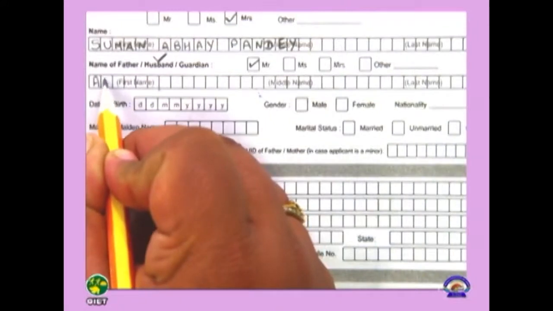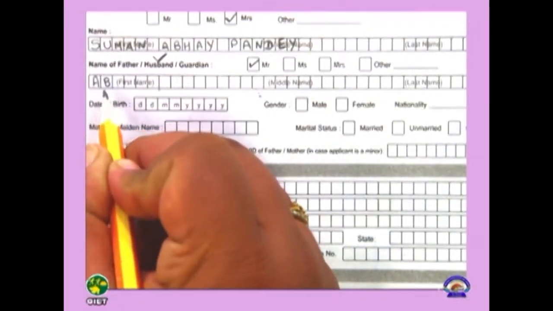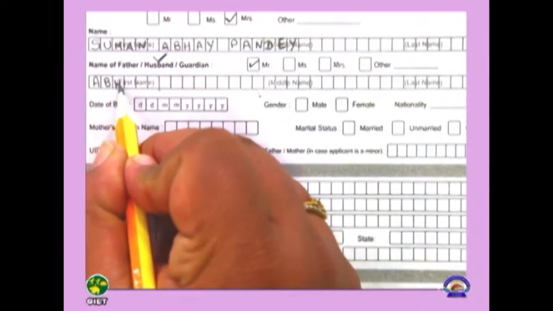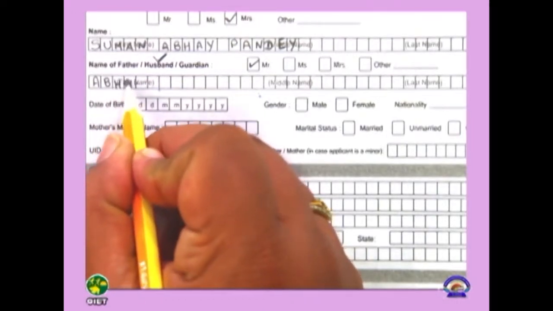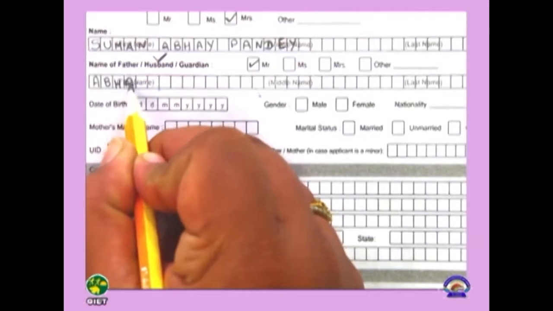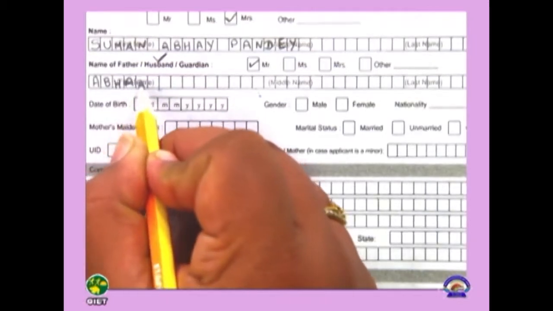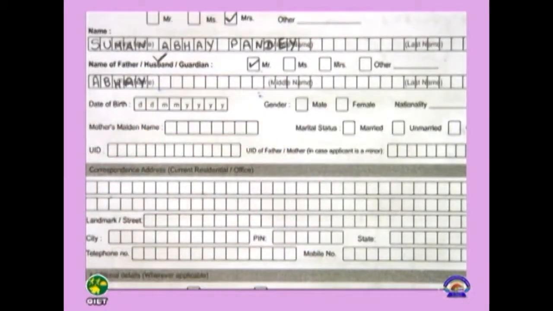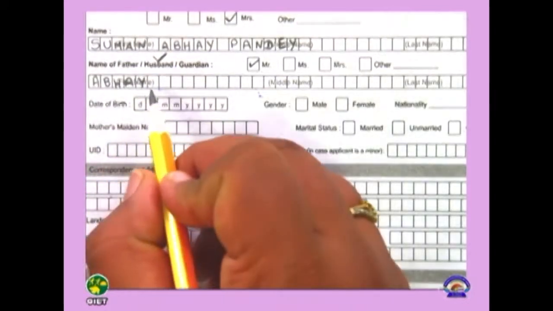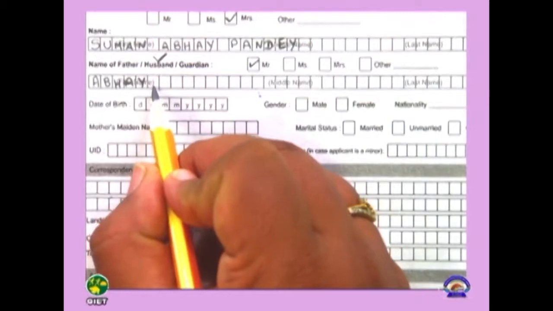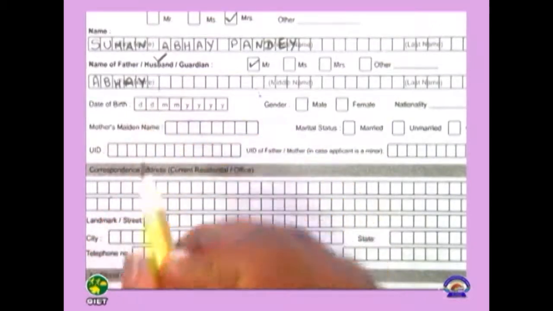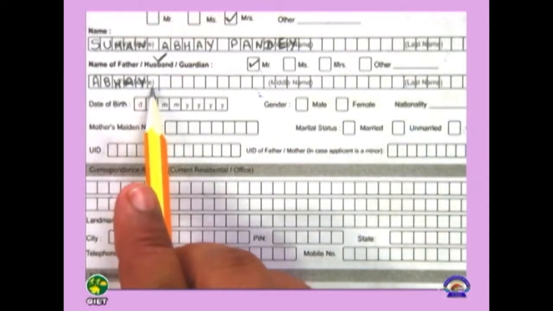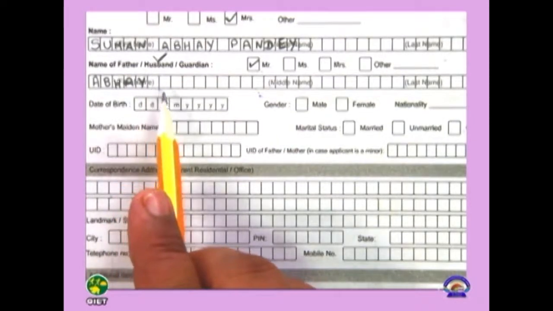A B H A Y. All of you are writing. Now leave one box. All of you remember? We have to leave one box.